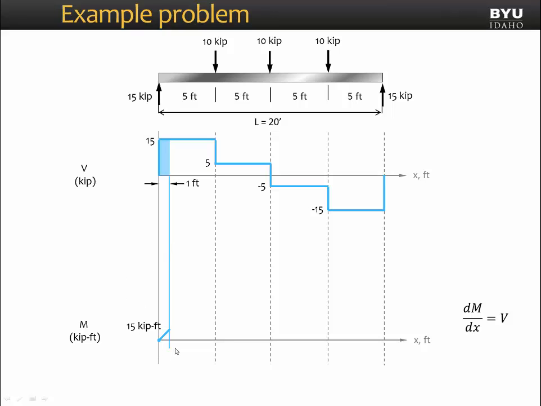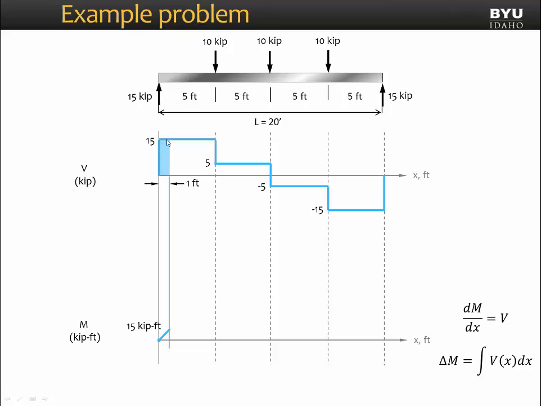So if we move over 1 foot and our slope is 15 kips, we will end up at 15 kip feet. Another way to look at that is to use this rule here, where the change in our moment is equal to the integral of our shear diagram. So the integral is simply the area under the shear diagram.